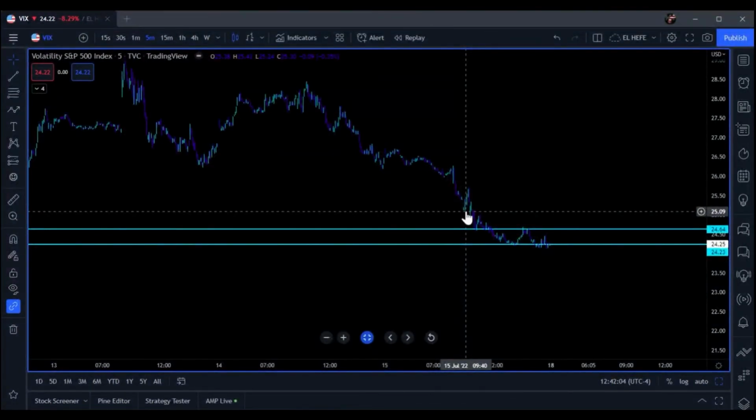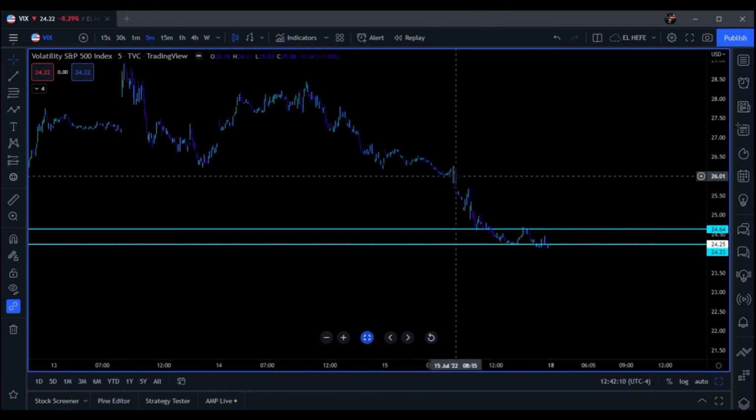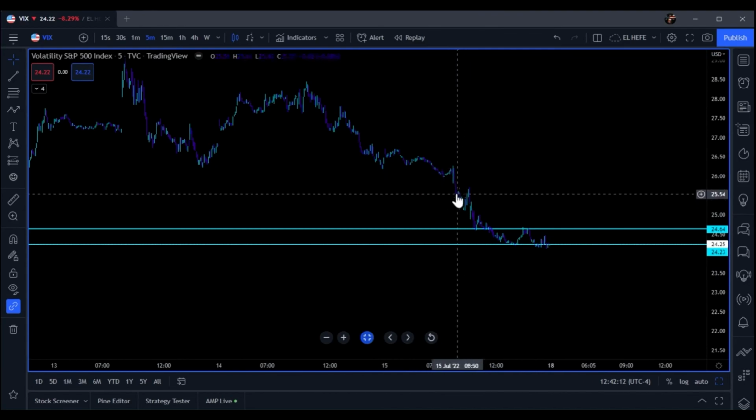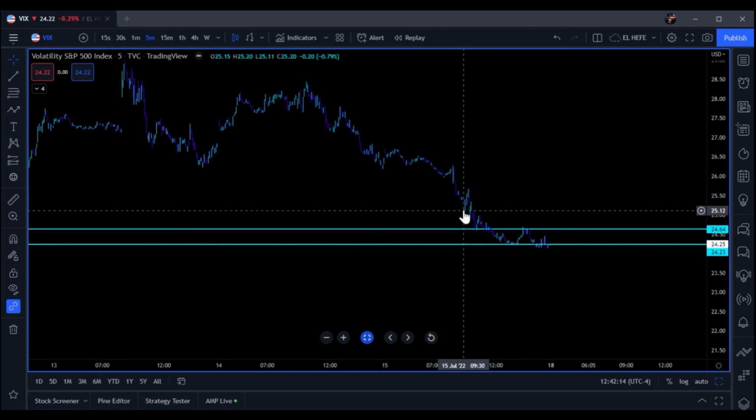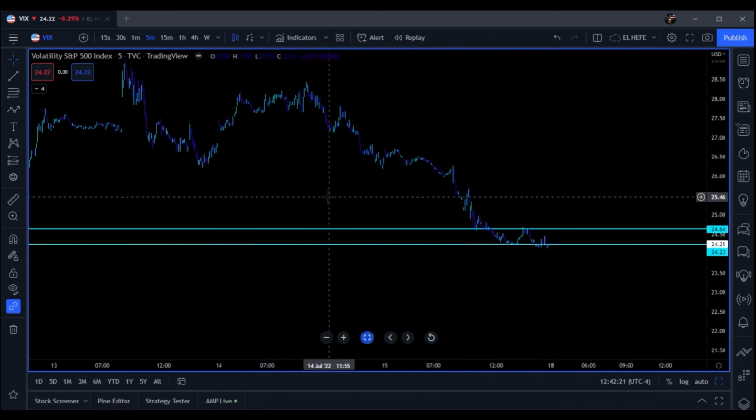That's how I use the OI data, because I believe in auction market theory and all of that goodness. So that's how I'm going to utilize the OI data the majority of the time. So 1/3 here, 1/3 on the NQ, and 1/3 on the OI, and I've got myself a pretty damn good picture.